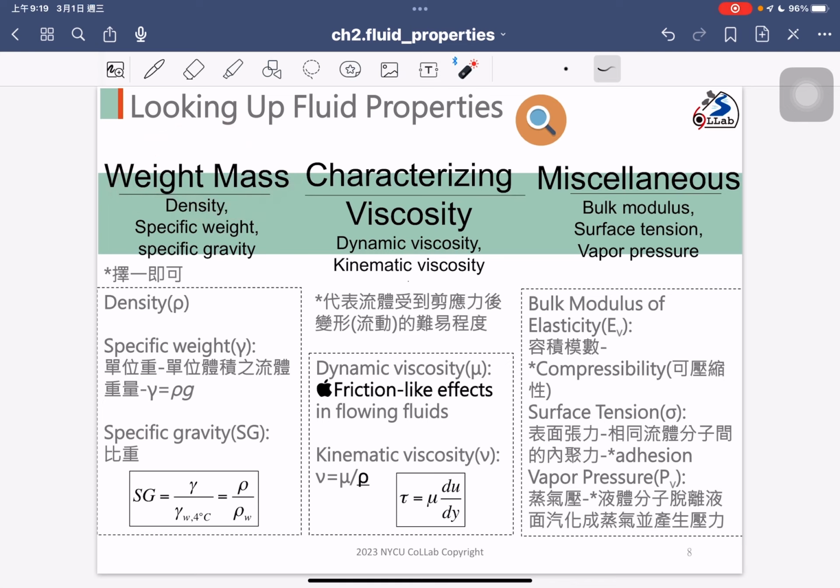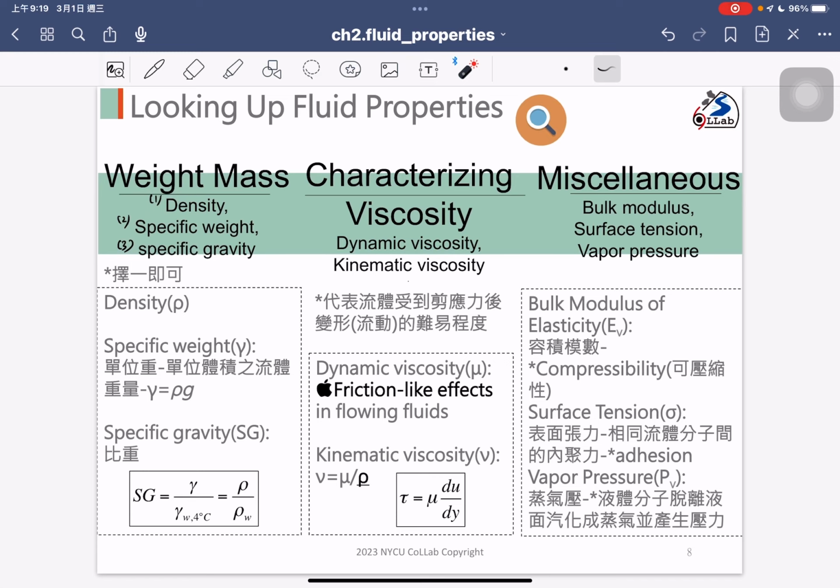The first one is the density, the second one is the specific weight, and the third one is the specific gravity. That's why I say it is the weight mass topic, because properties one, two, three are related to the mass.